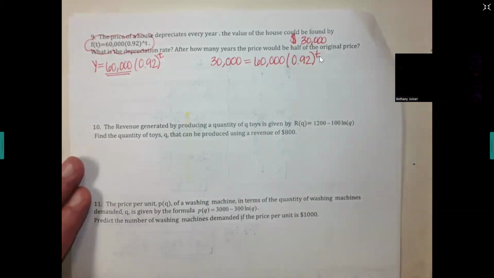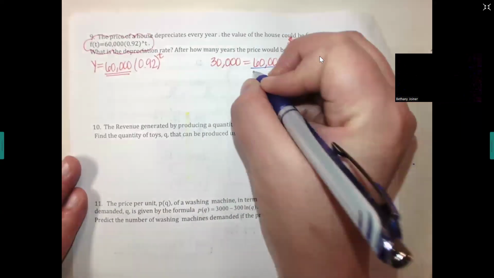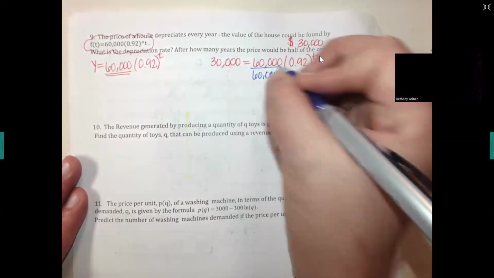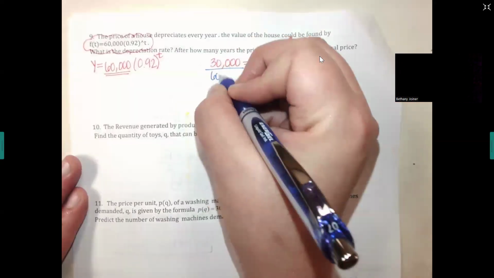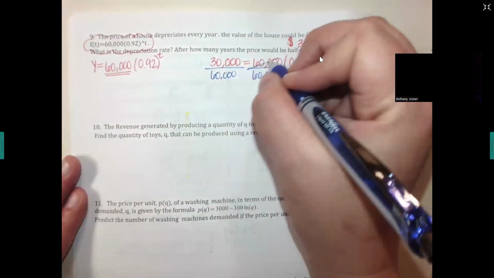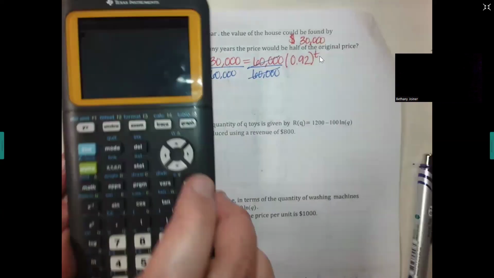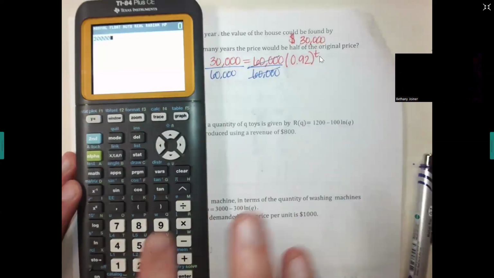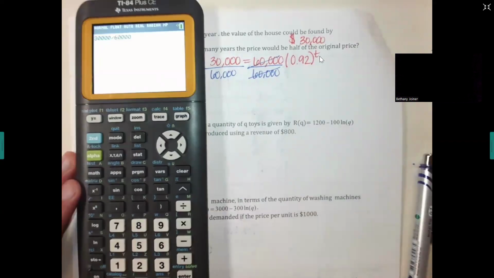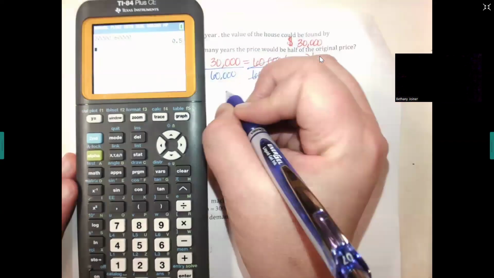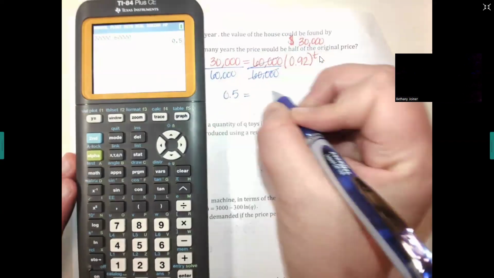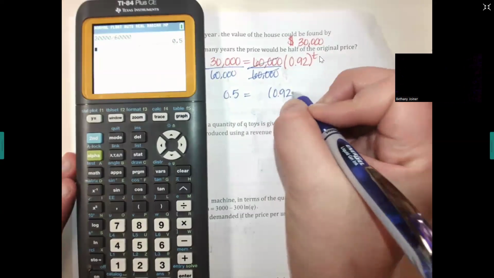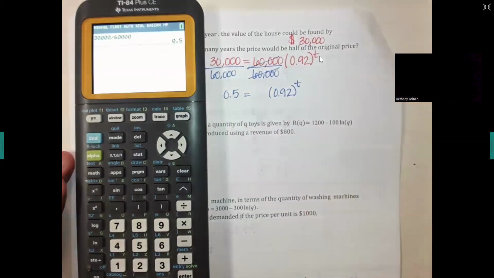So if I have a 60,000 in the front, I'm going to divide that on both sides. So I have 30,000 divided by 60,000, and I get 0.5 equals 0.92 up to the t.